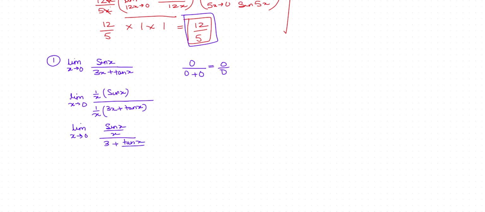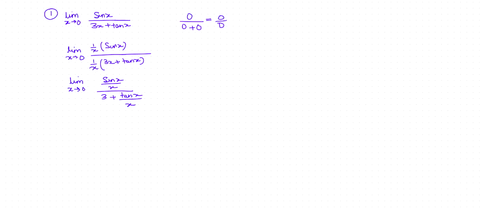So now, using the property of limits, this gives limit x tends to 0, 3 plus this.